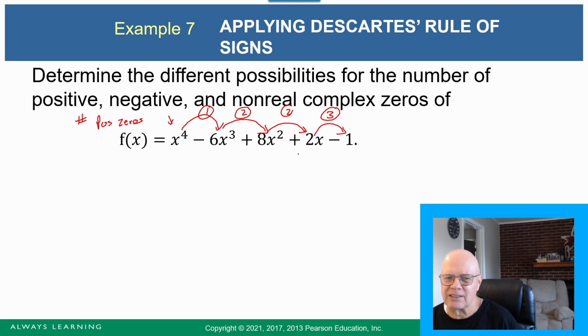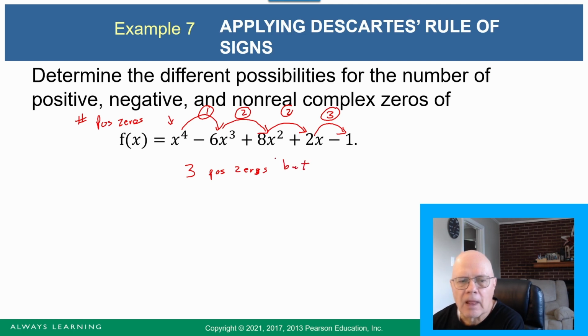No, not quite. What that means is there might be 3 positive zeros, but take this number right here, the 3, subtract 2 from it, you get a 1. That tells you there might be 1 positive zero.